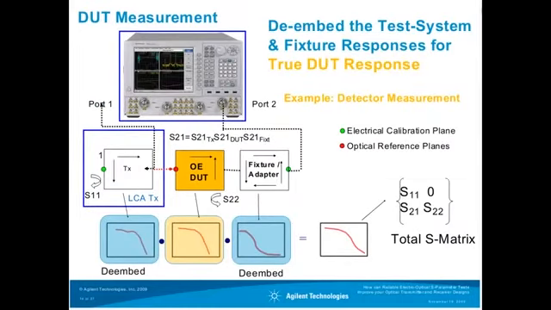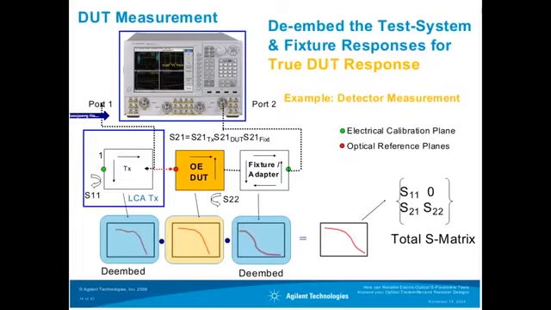Now I'd like to exploit a little bit the concept of de-embedding and fixturing, which is a key feature that all the network analyzers provide. As I said before in the introduction, the network analyzer always measures in the electrical domain.